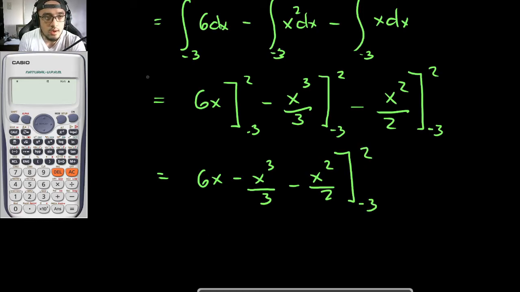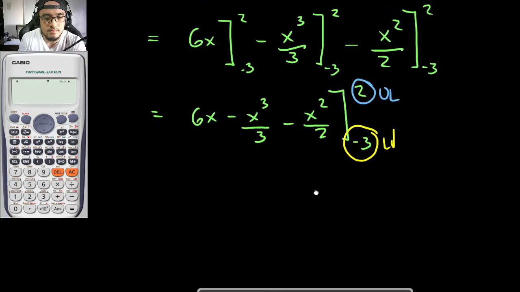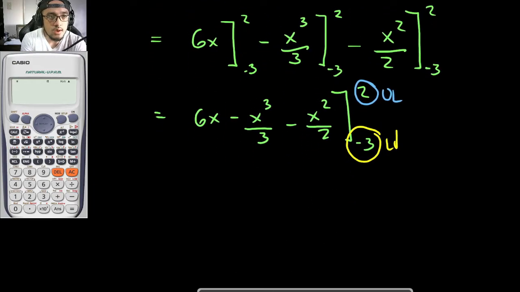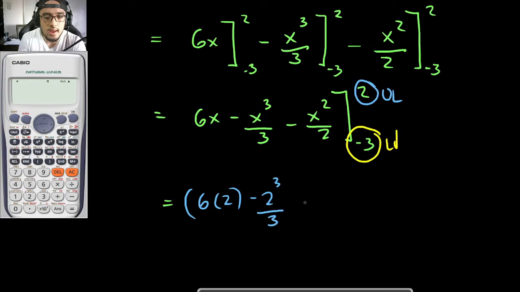Let's say that this is our lower limit, and this one right here is our upper limit. So this is now equal to 6 times 2 minus 2 cubed over 3 minus 2 squared over 2. That is for our upper limit.